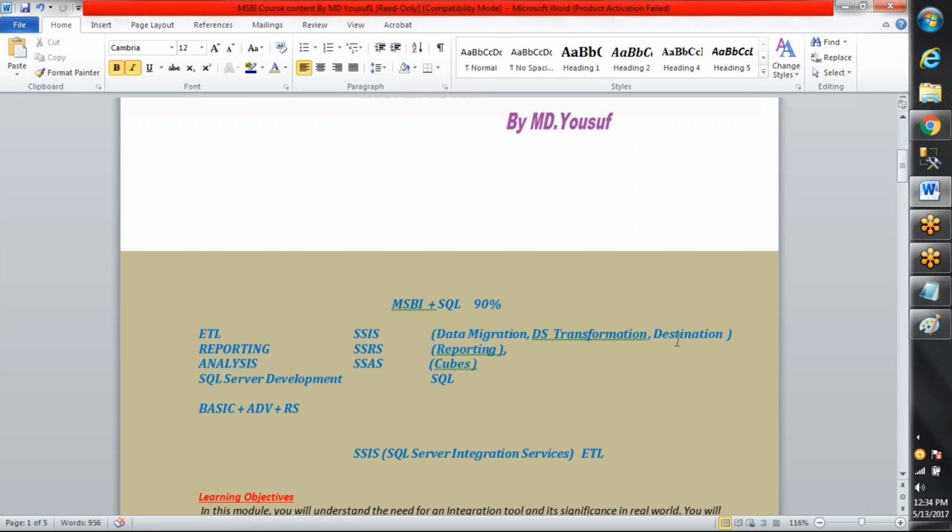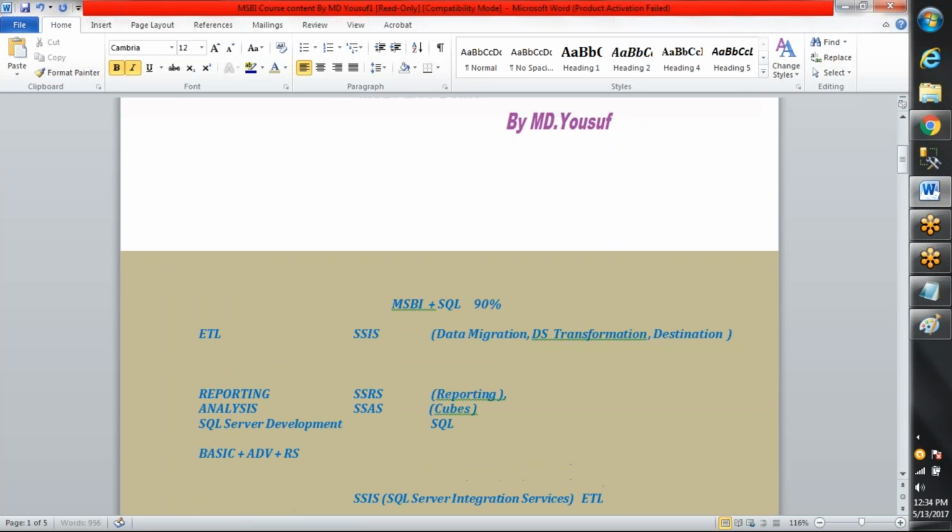Now apart from this, for ETL, which is SSIS, we are going to provide you with a common framework of how to handle the errors. So this is the error handling framework which we are extensively providing, apart from all of our topics in SSIS.